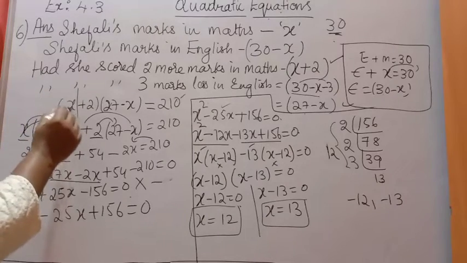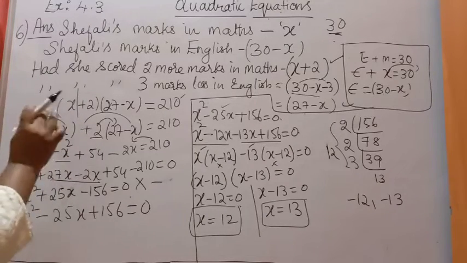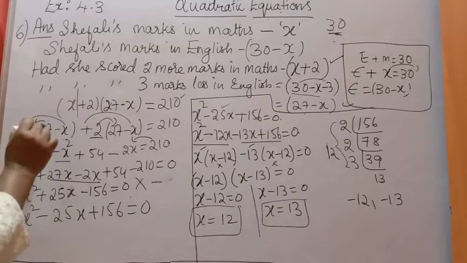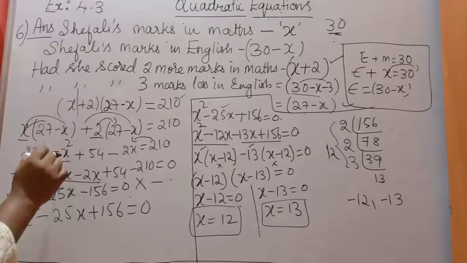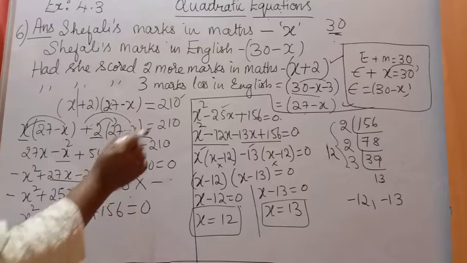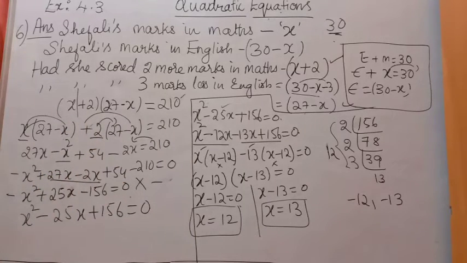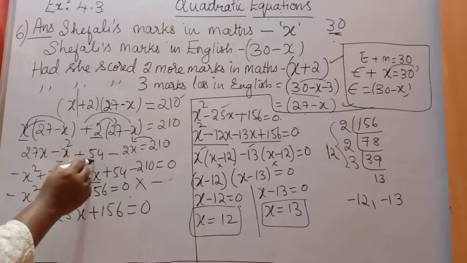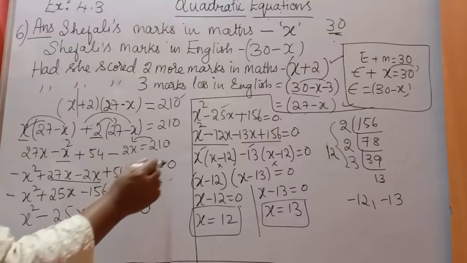So split the terms x and plus 2 separately. Put the second bracket along with both, equal to 210. x into 27, 27x; x into minus x, minus x square; 2 into 27, 54; 2 into minus x is minus 2x; 210 as it is. You should be careful about the sign. Minus x square, 27x minus 2x, group it, 54 as it is, bring this 210 here.